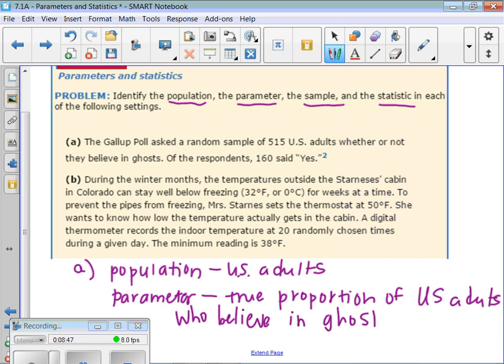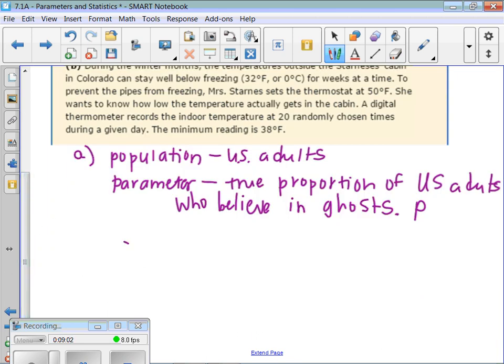And the symbol for this is P. Okay? We don't know what P equals. Maybe it's really 50%, and some people didn't want to be honest about their belief in ghosts. I don't know. Okay?